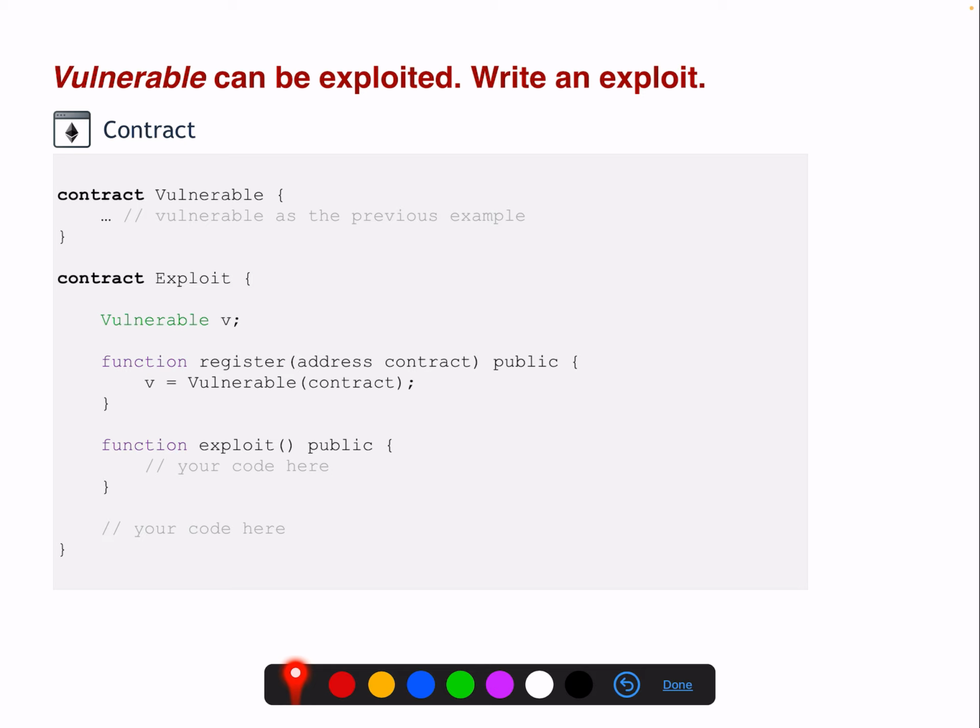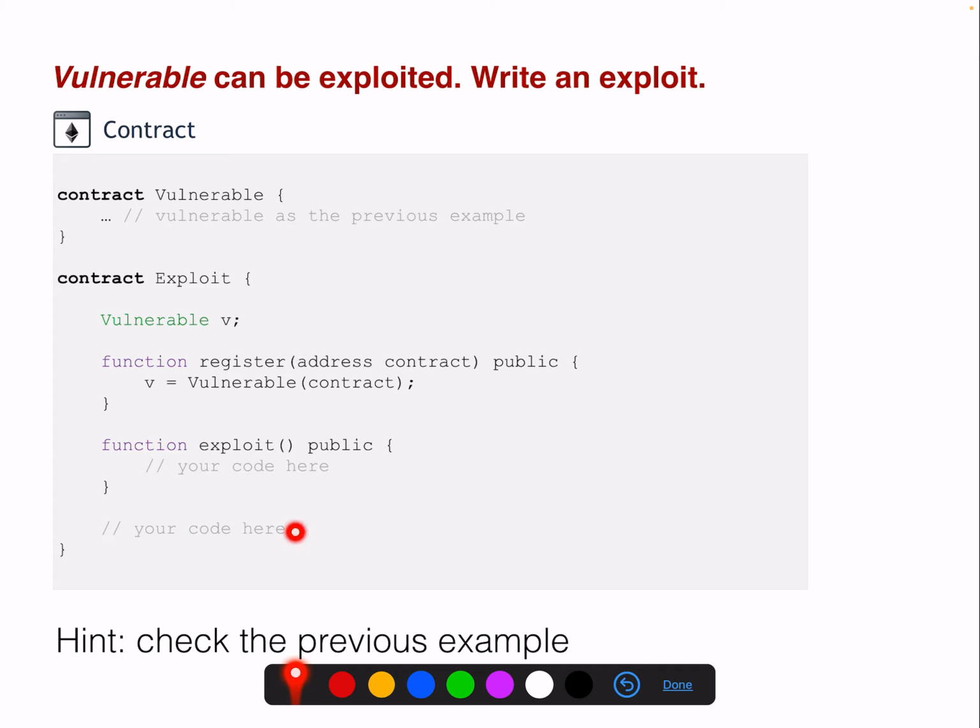Okay, as you have read here, this Vulnerable contract is vulnerable as in the previous example, so it suffers from a reentrancy vulnerability. And Exploit is basically message.sender in the scope of the Vulnerable contract. What you need to do is call the refund method that was defined in the Vulnerable contract.